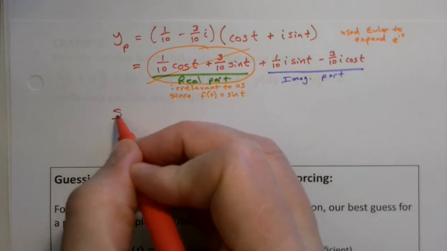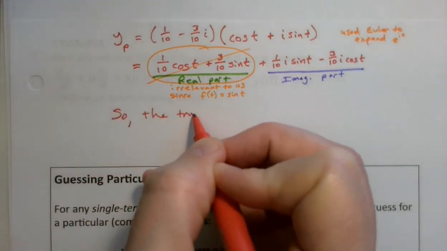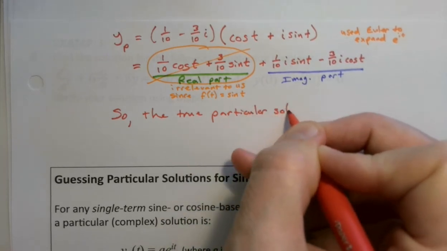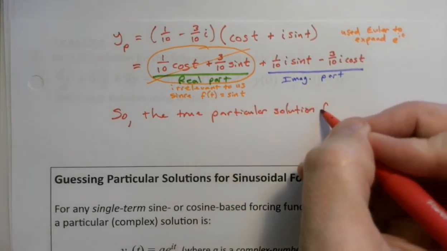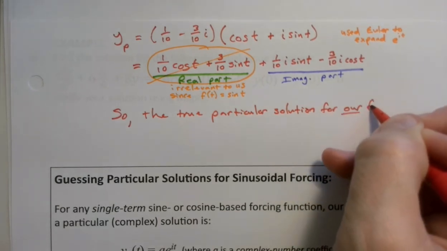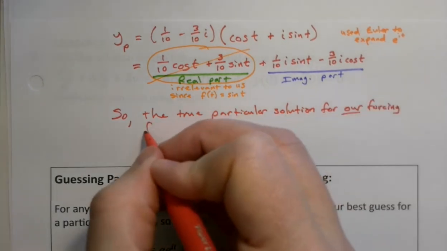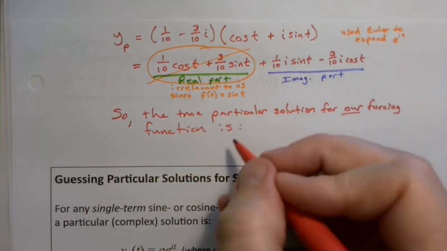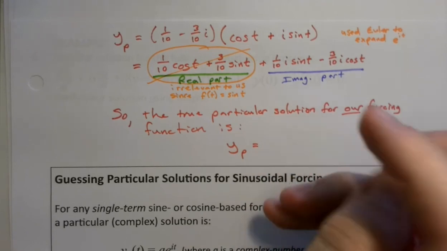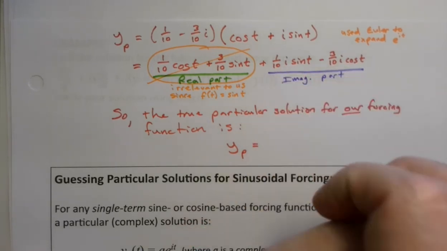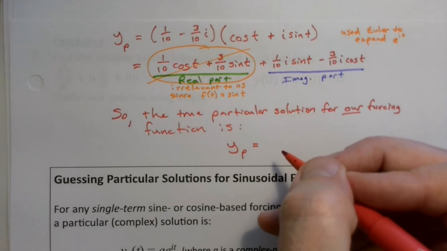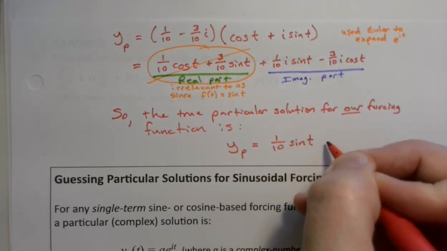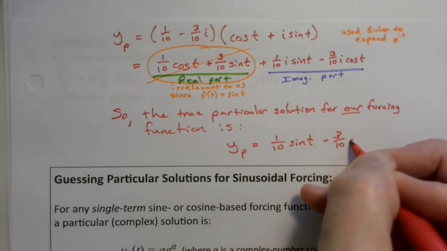So the true particular solution for our forcing function is y sub p equals these two terms, and I can drop the i because that's what makes them the imaginary part: 1/10 sine t minus 3/10 cosine t.